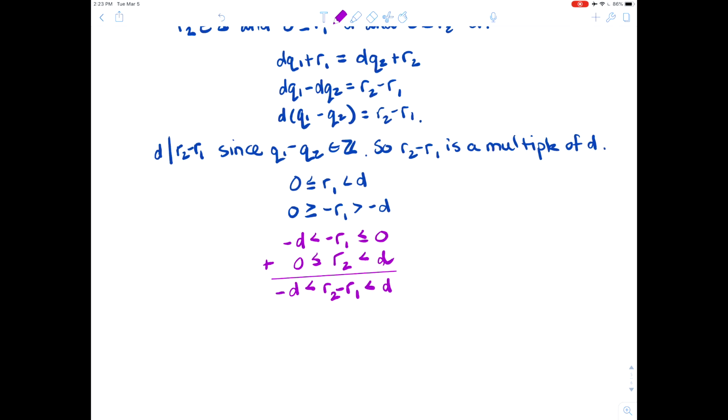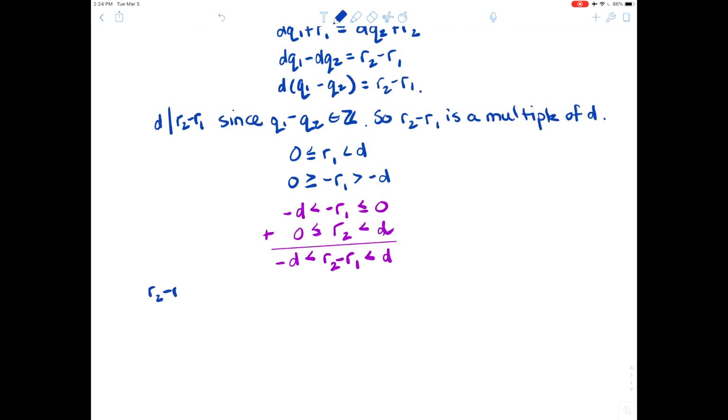Okay? I mean, this is saying that R2 minus R1 lies between negative D and D, because D is not equal to 0, right? That's why I didn't bother with the or equal to. R2 minus R1, we'll just write down what I just said, lies between negative D and D, and R2 minus R1 is what?